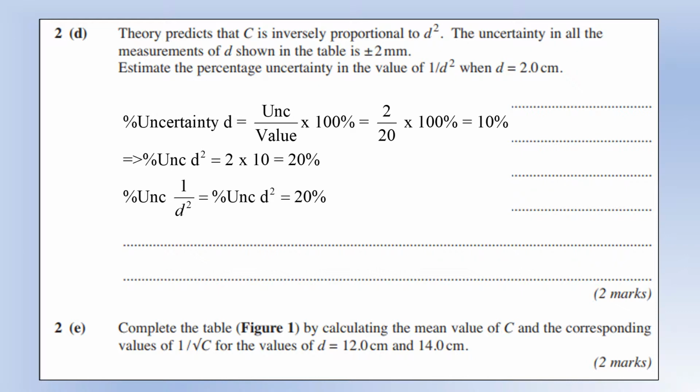They're both now in millimeters, and times by 100 gives us a 10% percentage uncertainty in D, which means the percentage uncertainty in D squared is going to be double that, 20%. The integer 1 doesn't add to our percentage uncertainty, so the percentage uncertainty in 1 over D squared would also be 20%.